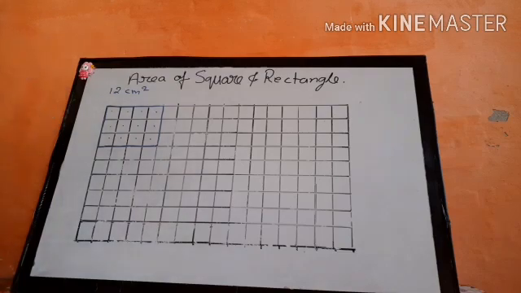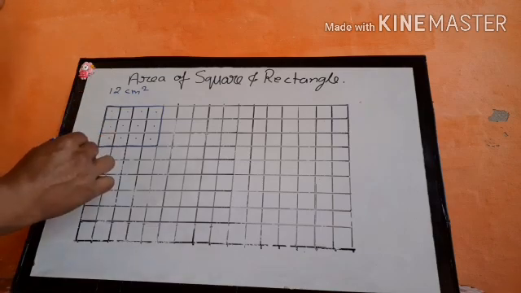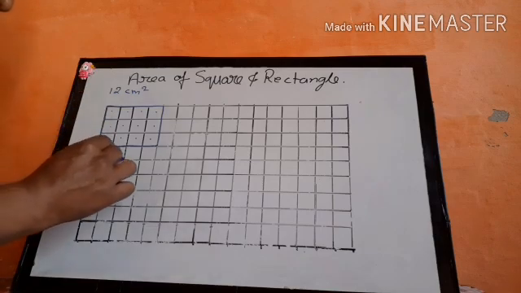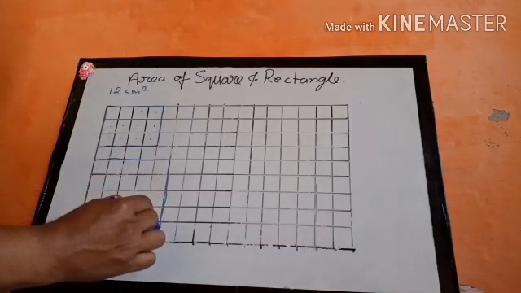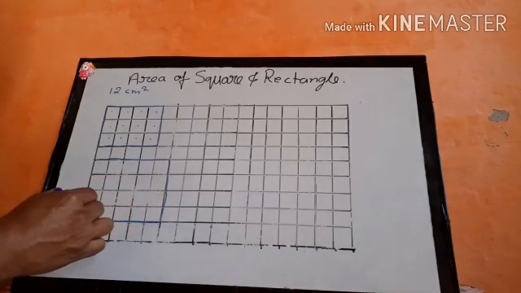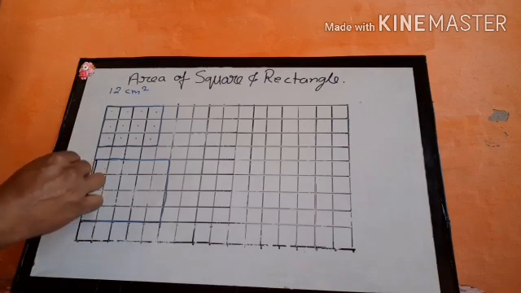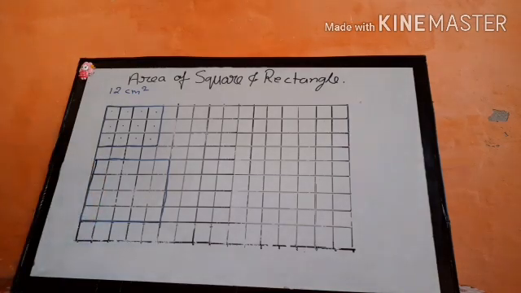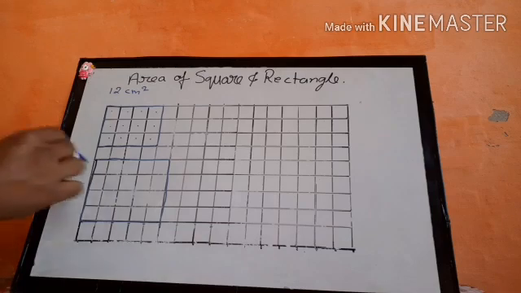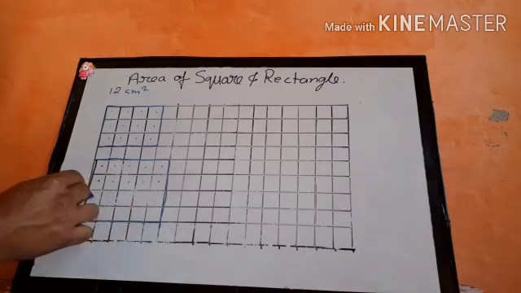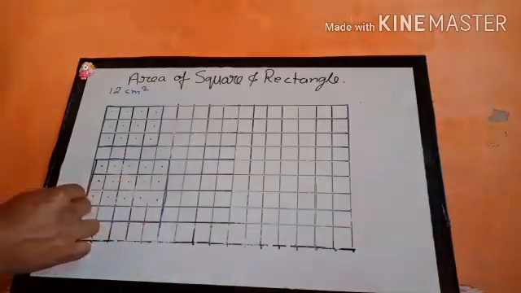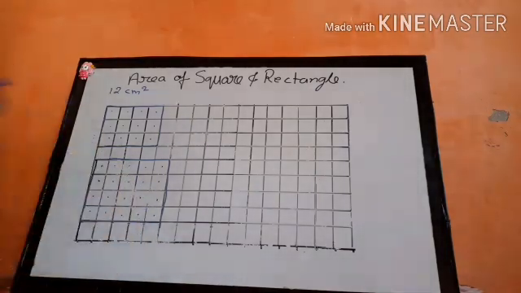Now take one more example. I am choosing this rectangle. Let's count the squares. 1, 2, 3, 4, 5, 6, 7, 8, 9, 10, 11, 12, 13, 14, 15, 16, 17, 18, 19, 20.